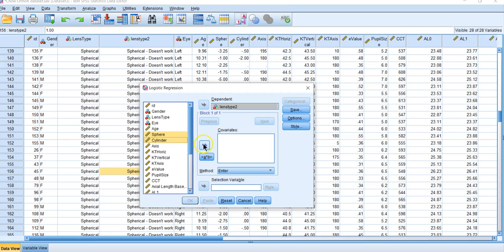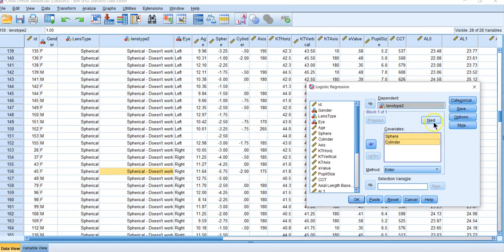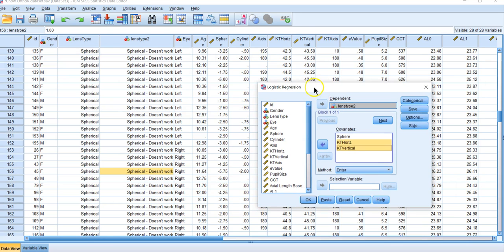I think I don't want to use cylinder because there's a lot of missing data. When you have missing data, it knocks out the whole subject. So that's not very good. We don't want sphere and axis. We'll do KT horizontal and vertical.